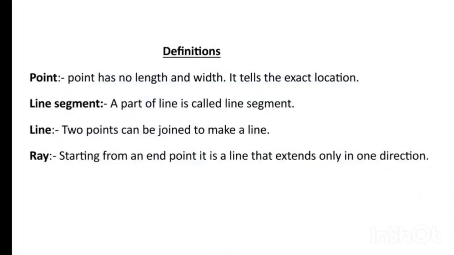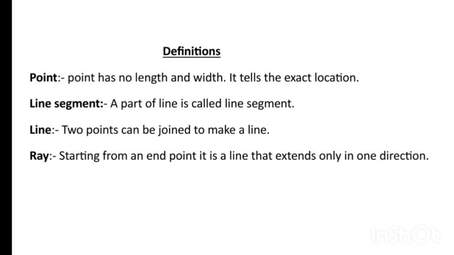And next one is ray. Starting from an end point, it is a line that extends only in one direction. What is ray? Ray starts from 1 point and it extends only in one direction and the other end is unknown in case of ray. As I already gave the example of rays: first one is sun and the next one is torch.